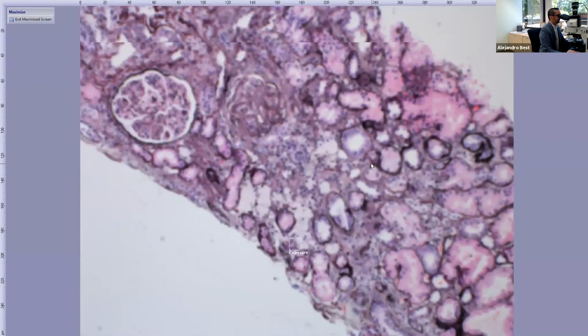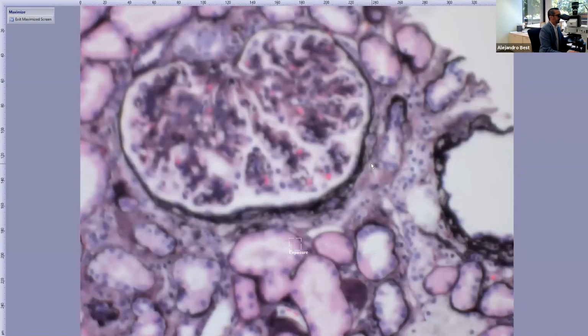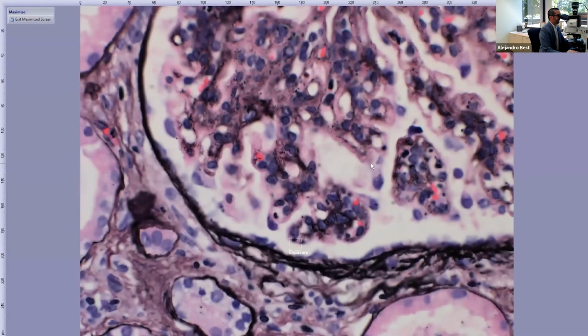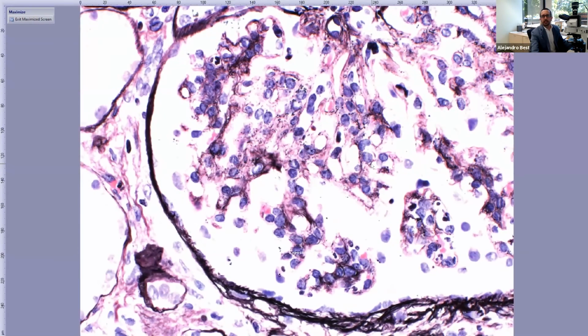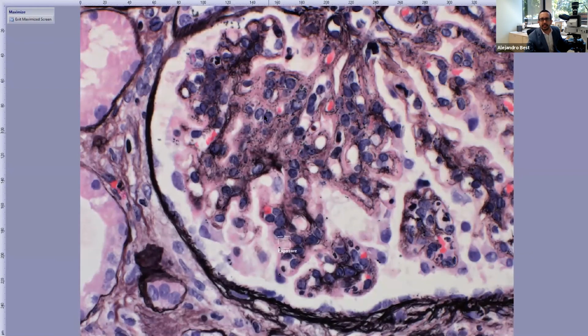Let me show you the Jones. So let's focus for a second on the mesangium. The mesangial matrix should stain very dark on silver stain. It's very argyrophilic. And you can see that in this case, it looks quite pink. The pink is the Cantor stain that we use for the Jones. So that means there is deposition of material of some sort.